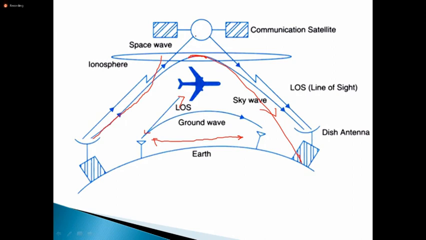That means the communication links between the satellite and the receiver, and the satellite and the transmitter, are line of sight. Line of sight does not necessarily mean you have to see the transmitter.